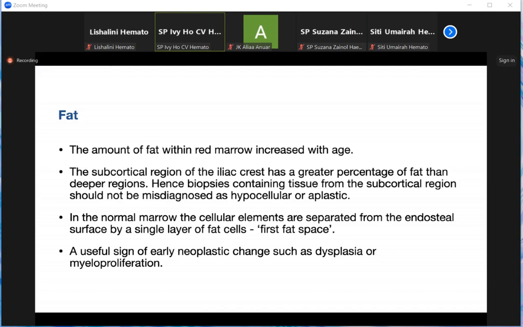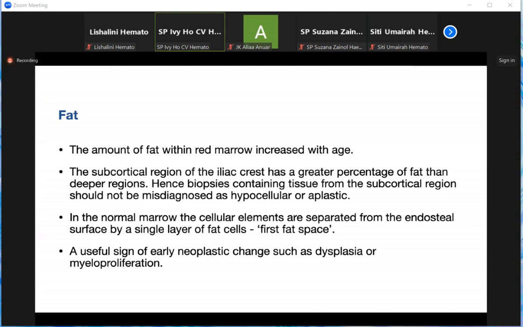And of course, the subcortical region from our pelvic iliac crest has a greater percentage of fat than the deeper regions. That's why when we want to assess the cellularity of the marrow, we don't look at the subcortical region.